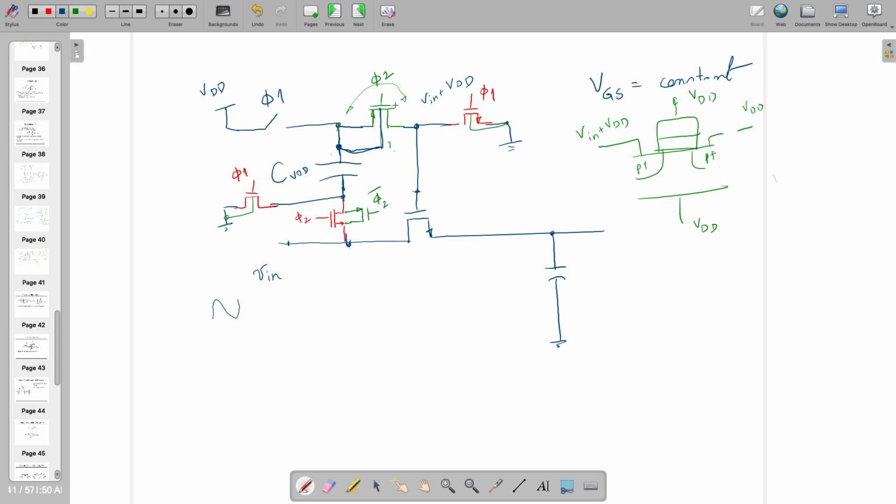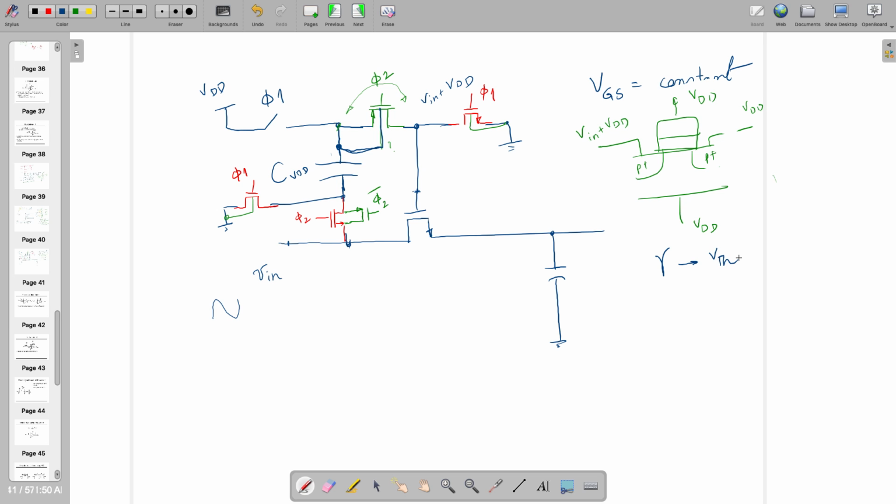Or if you are actually working at high speed, you are going to tie the source with the body, just to make sure that source and body are at the same potential. However, there is something called body effect. Body effect is also known as gamma, which is going to change VTH, which has not been incorporated right now.